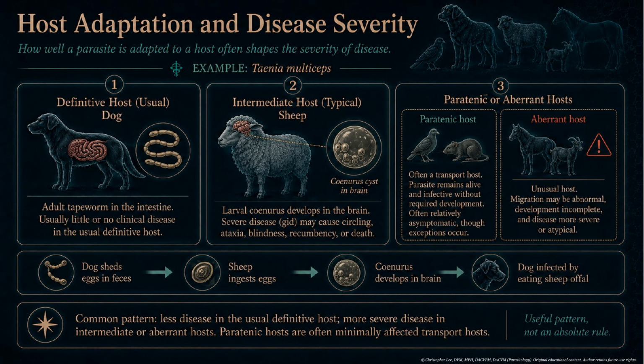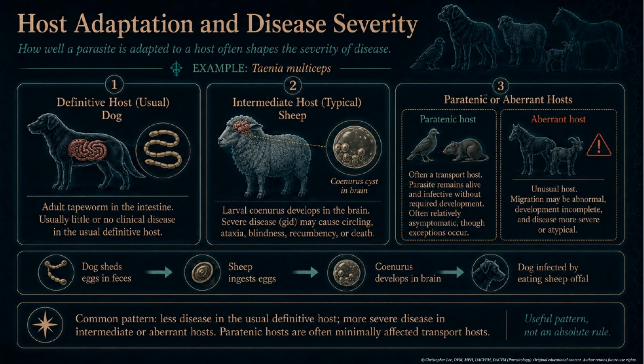A useful example is Taenia multiceps. Adult tapeworms live in the intestines of the dog, the definitive host, and often cause little obvious disease. In sheep, the normal intermediate host, the larval coenurus stage can develop in the brain and cause gid, with circling, ataxia, blindness, recumbency, or death.